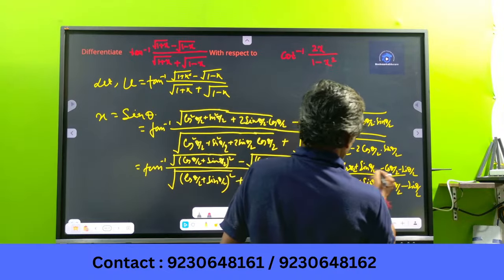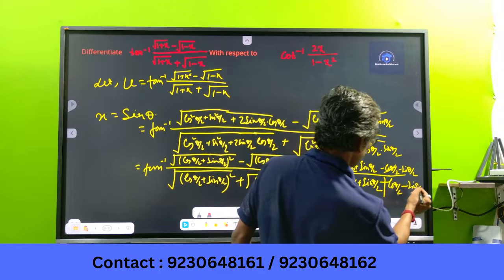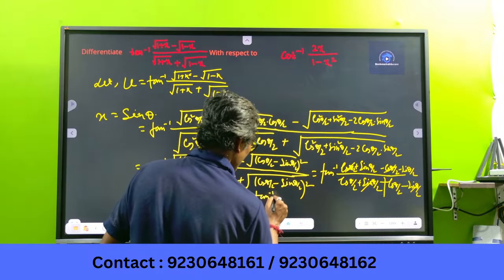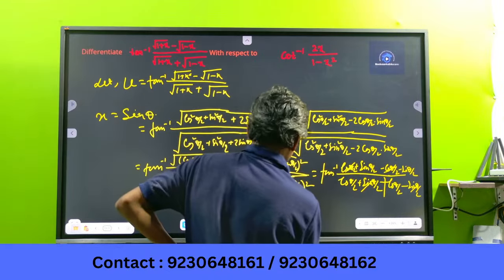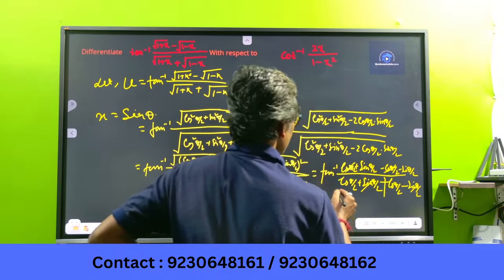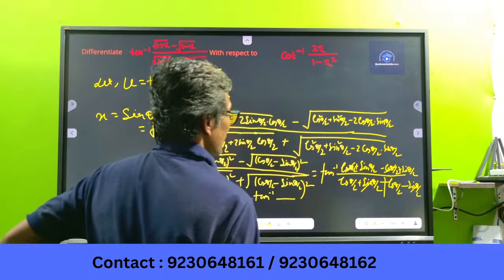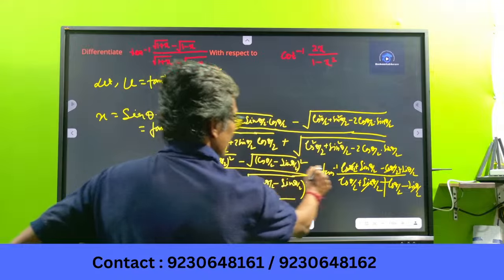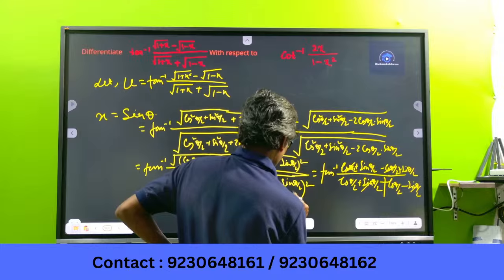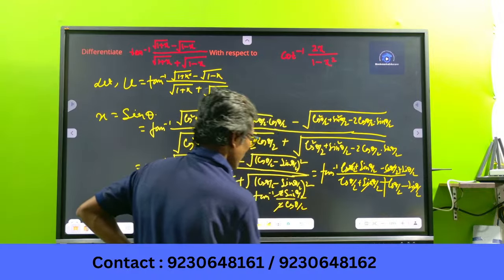So cos theta by 2 will be eliminated from here, and sine theta by 2 will remain. So tan inverse of sine theta by 2 by cos theta by 2, the 2s cancel out.